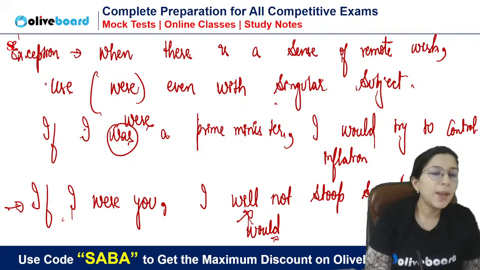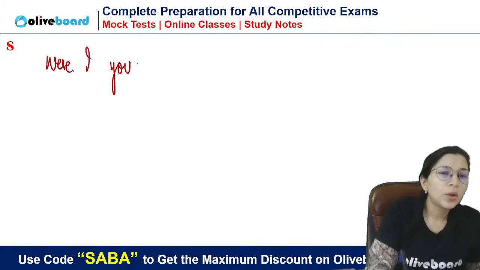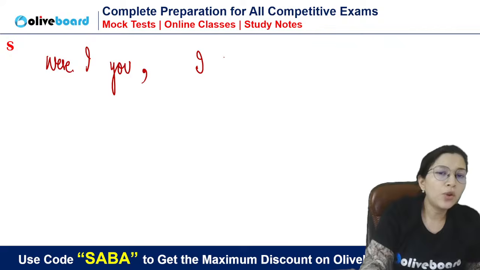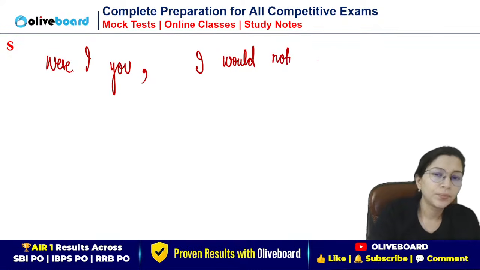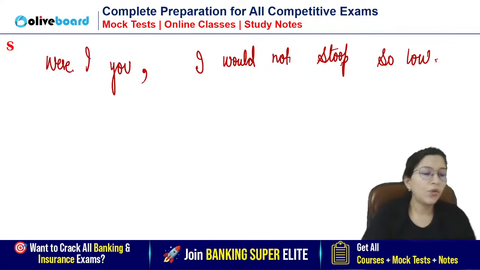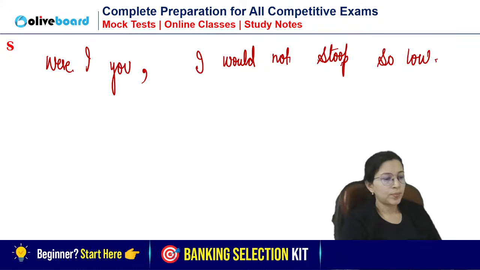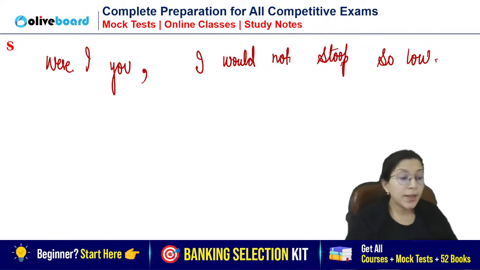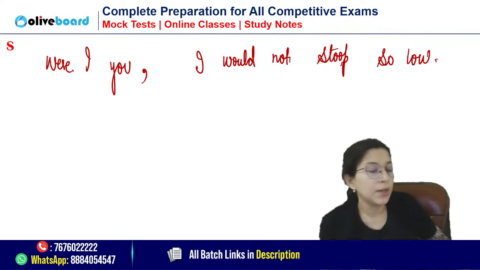Do you know that the same sentence we can write this way also? Were I you, I would not stoop so low. Do you know this? Were I you, I would not stoop so low. So we can say yes, inversion form can also come here, guys.